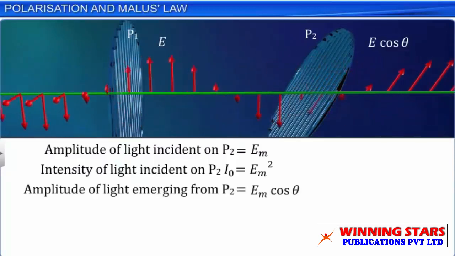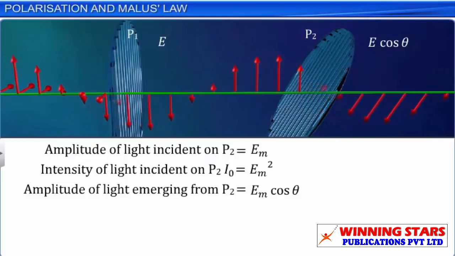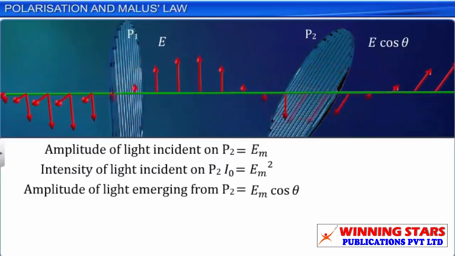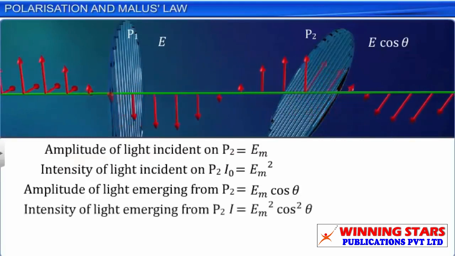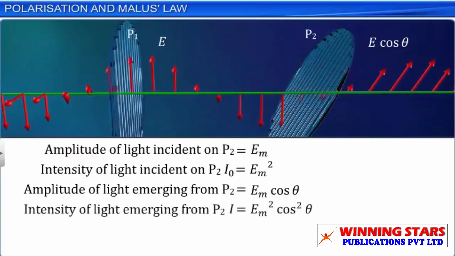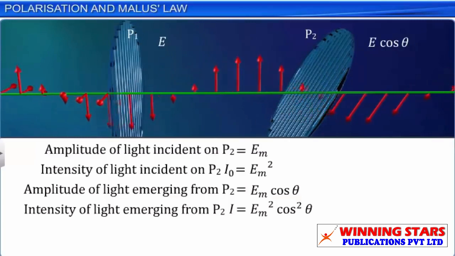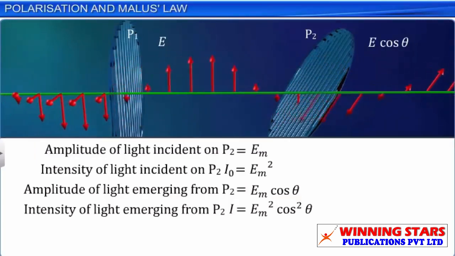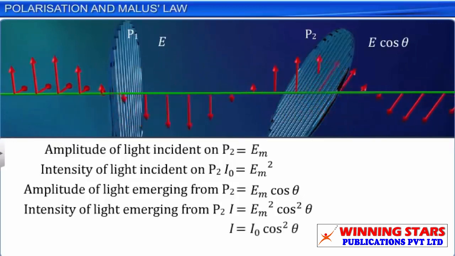The amplitude of the light emerging from the Polaroid P2 is then equal to Em cos theta, and the intensity of light I emerging from P2 is equal to Em squared cos squared theta. This can also be written as I is equal to I0 cos squared theta.